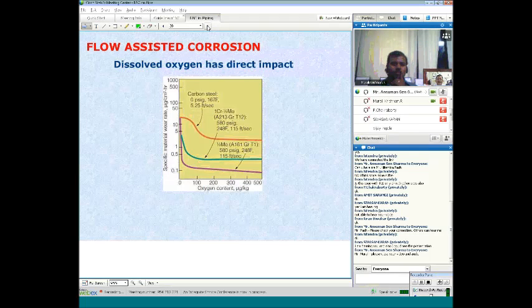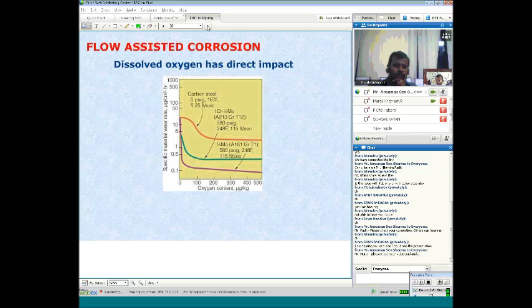Then the dissolved oxygen. Now this is the most peculiar aspect of it. Usually it's commonly understood that oxygen corrosion is directly proportional to the dissolved oxygen content in water. The more the oxygen, the more is the corrosion, right?